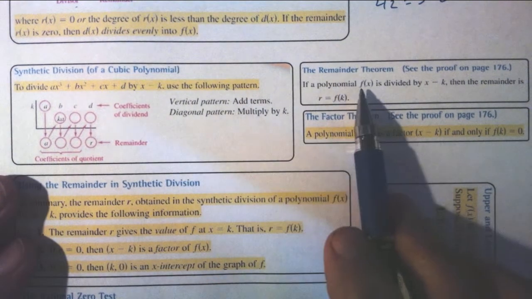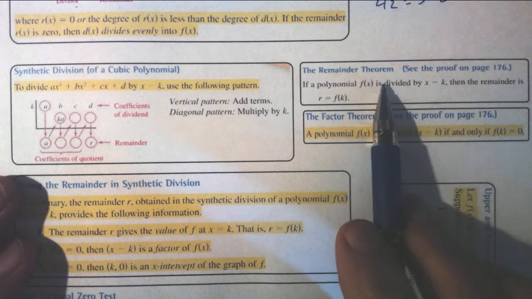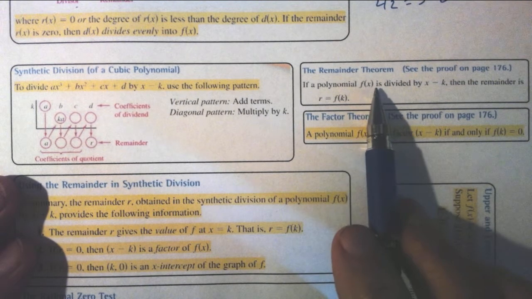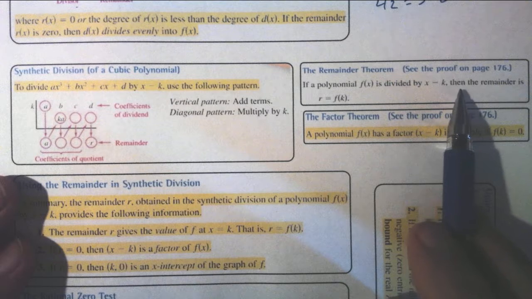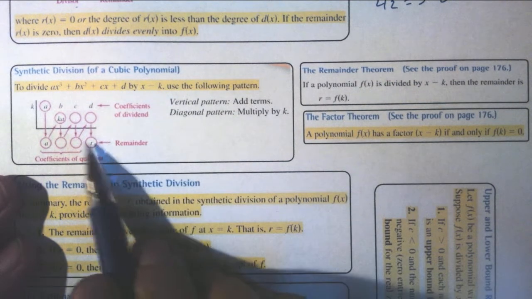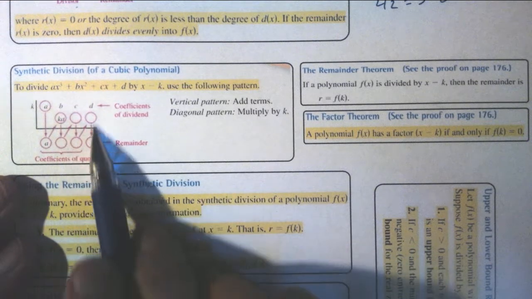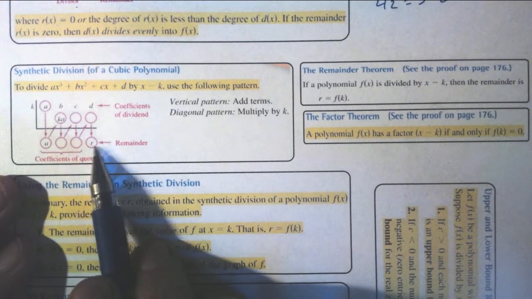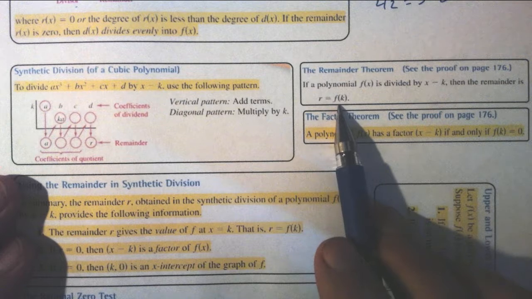Branching off of the synthetic division, we have a remainder theorem, which says if we go through the synthetic division process, the remainder we end up with, which would be this very last value, becomes what f of k is.